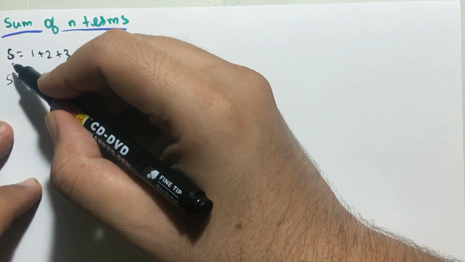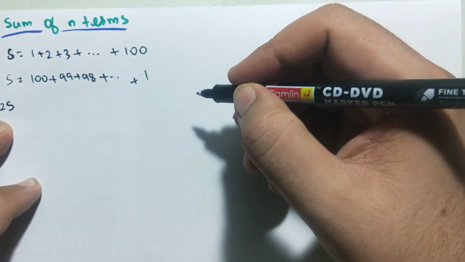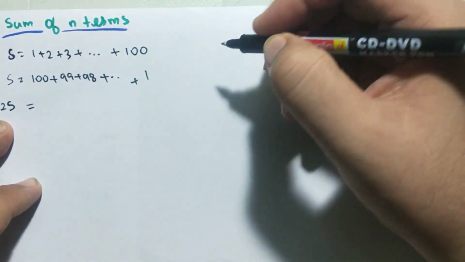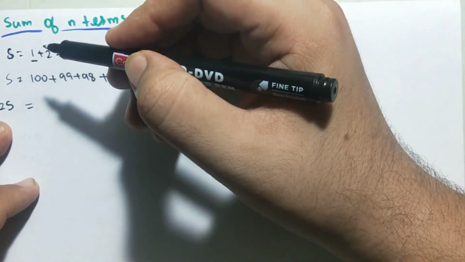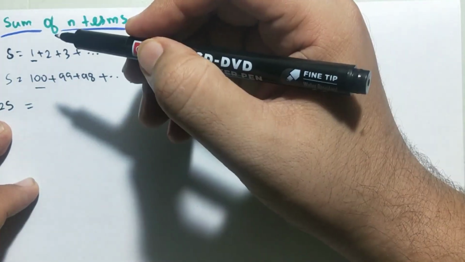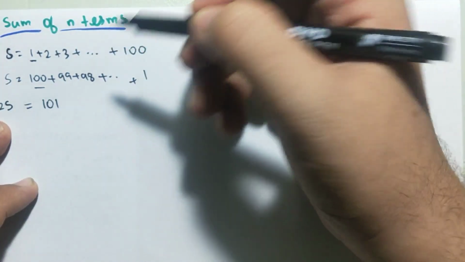But now what if I add these two? On the left hand side, S plus S will become 2S. On the right hand side, just pay attention to what I am doing. This first term 1 with this first term 100: 1 plus 100 will become 101.